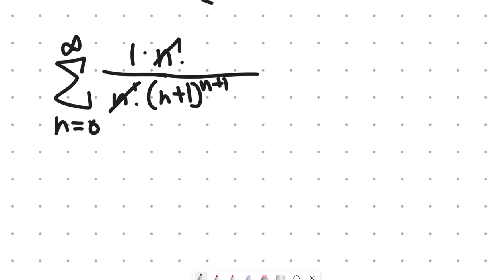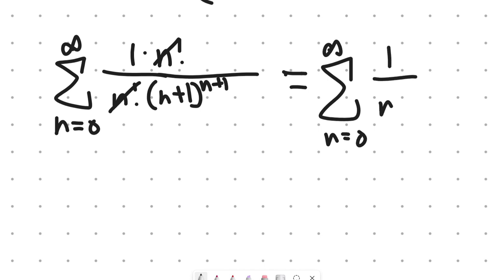And now we will just have the infinite summation where n goes from 0 to infinity of 1 over n plus 1 to the n plus 1. Now to get the original form, we just have to shift the index by one number higher. So we just let n start at 1, so we have to let both numbers go down by one index.